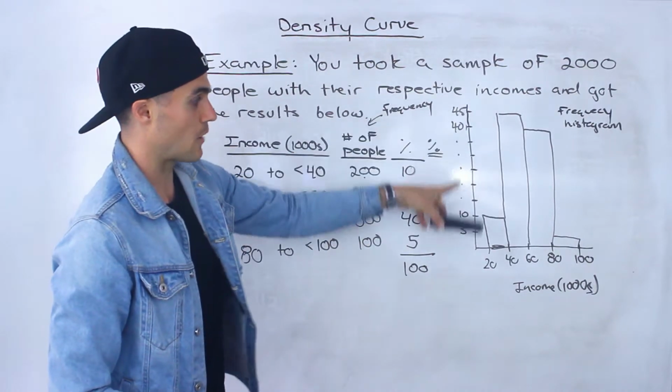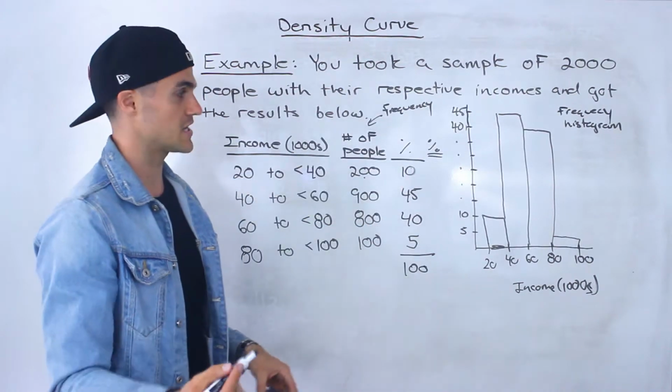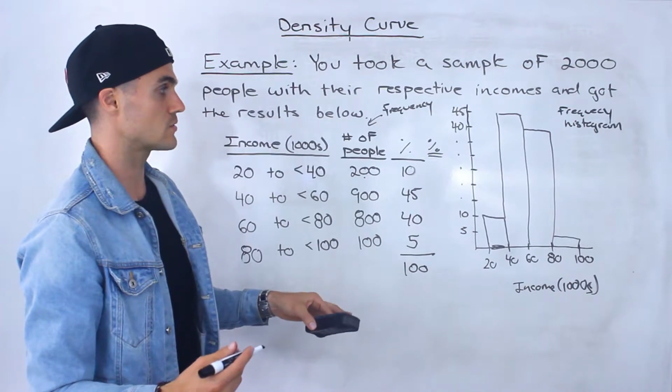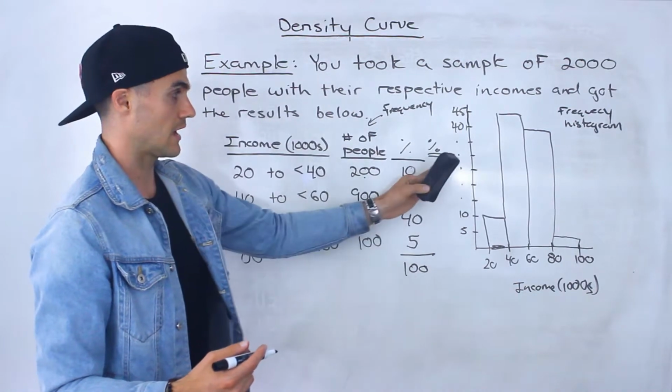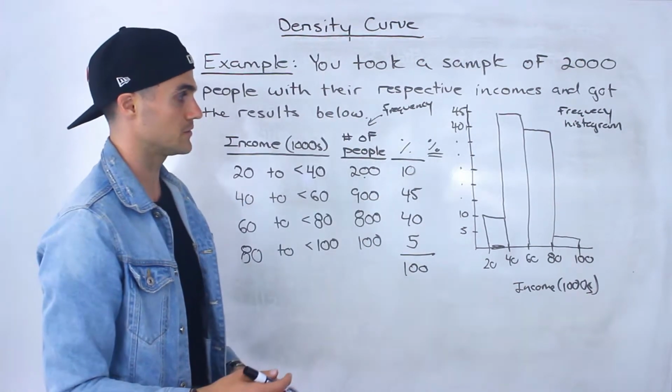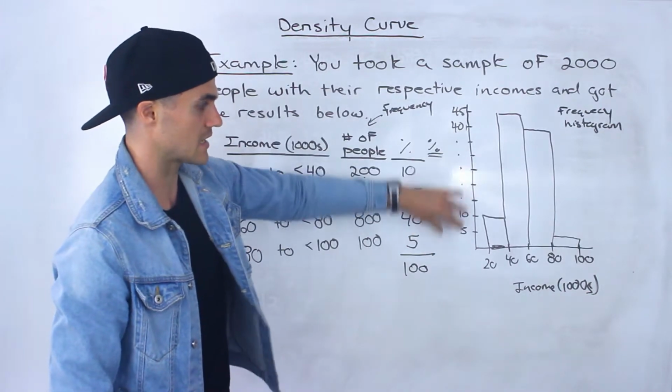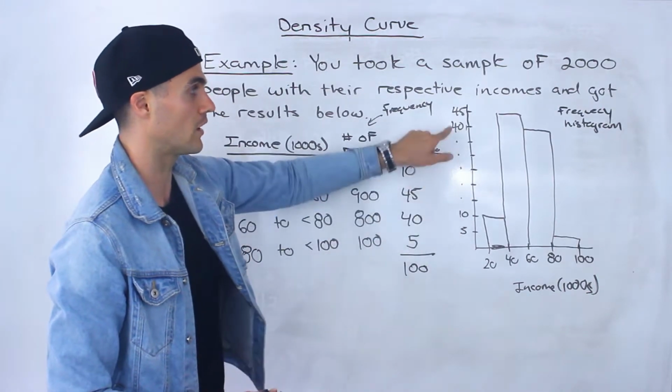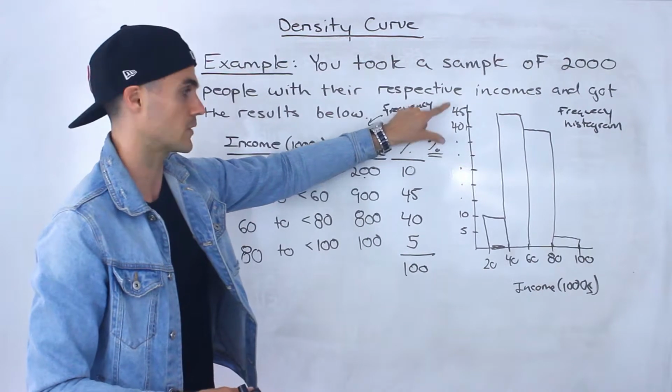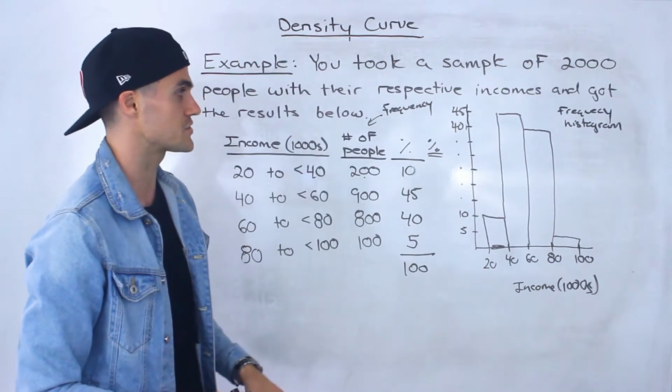So now notice that that y-axis we changed to a percentage, and if you wanted to have it in decimals and have that y-axis be the proportion, then it'd be the same thing. It'd just be 0.05, 0.1, 0.4, 0.45. All right, so again, I'm going to just keep it in percentages.